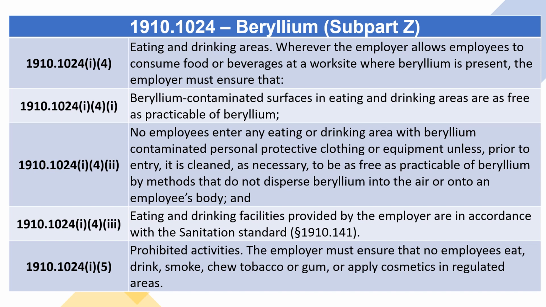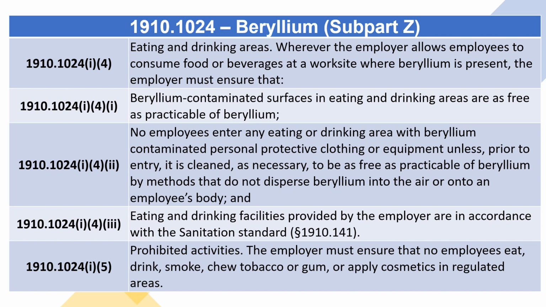1910.1024, I-4, eating and drinking areas. Wherever the employer allows employees to consume food or beverages at a worksite where beryllium is present, the employer must ensure that 1910.1024, I-4, through 1910.1024, I-4, 3, beryllium-contaminated surfaces in eating and drinking areas are as free as practicable of beryllium.